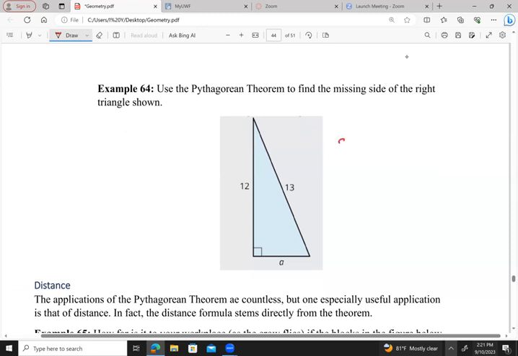I know a squared plus b squared equals c squared. I don't know a, but I know b is 12. I know c is 13. Go ahead and square. I have 144, 169. Subtract 144. A squared is 25, so a equals 5.